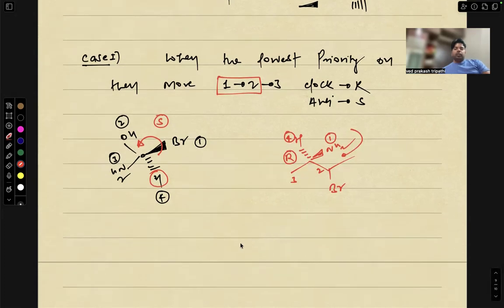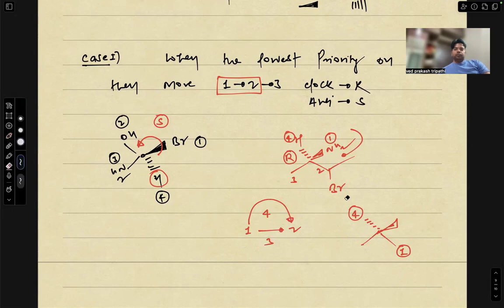One more thing I would like to tell you: whenever the lowest priority, suppose we have to move 1 to 2, and 4 and third are coming between them, then always cross the fourth priority. For example, suppose we have this is 2, this is 4, this is 3.